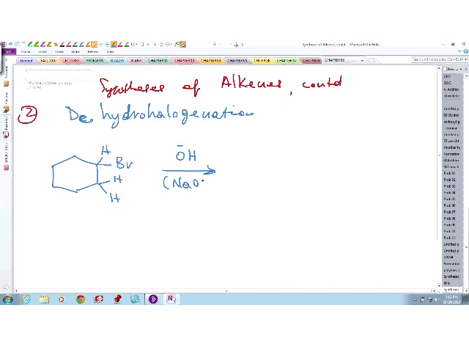That hydroxide could come from sodium hydroxide or from potassium hydroxide. Okay, what is going to happen here? It is the elimination of hydrogen bromide from this molecule. So this is another example of an elimination reaction.